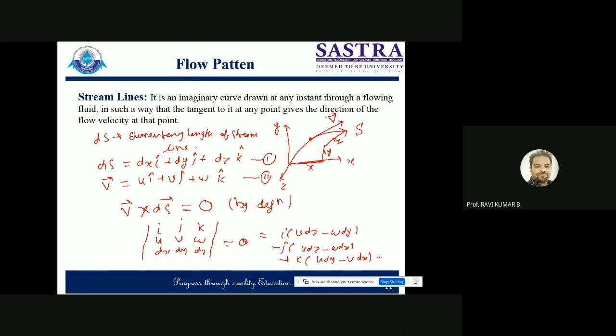This should be equal to 0. So this zero you can write like 0 i plus 0 j plus 0 k, then equating the terms, equate i, equate j, and equate k. You will get three equations out of this.